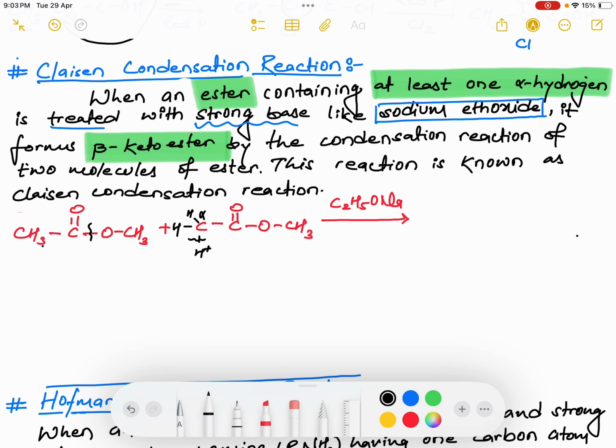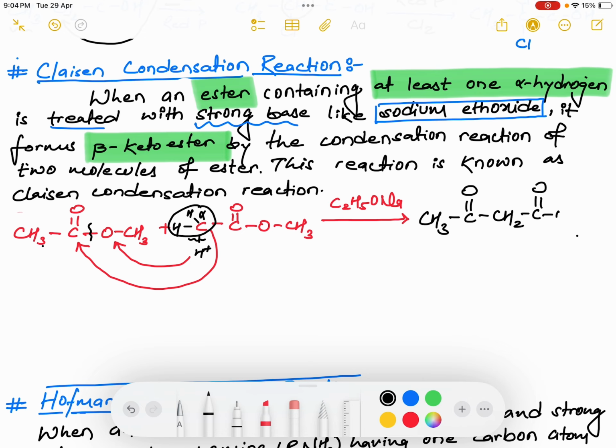The H plus over here will come and attack this to form alcohol, and the carbon will come and join with this carbonyl group in order to form a product which looks like CH3 C double bond O, and then this group is CH2 C double bond O O CH3.